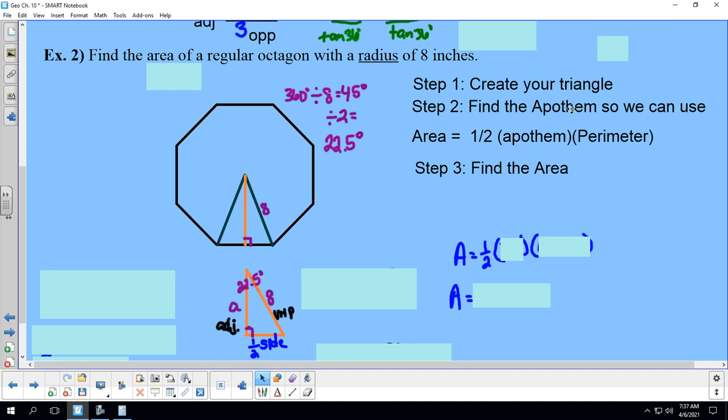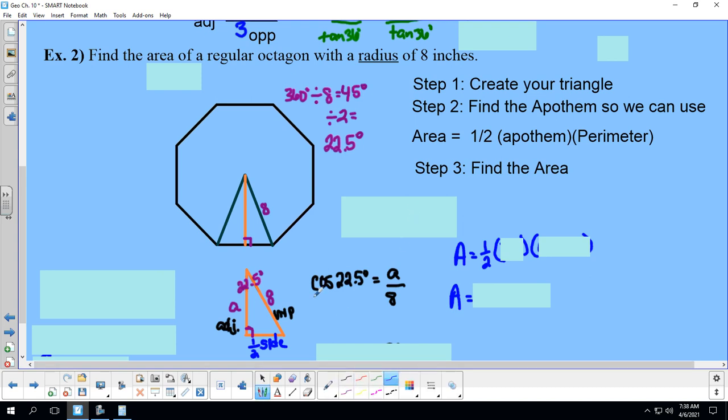We're on step 2, which is find the apothem. So we need to still find the apothem so we can use the formula. So we go, well, we have the hypotenuse, we need the adjacent. So the trig for that is cosine. Cosine 22.5 is equal to the adjacent over the hypotenuse. Okay.